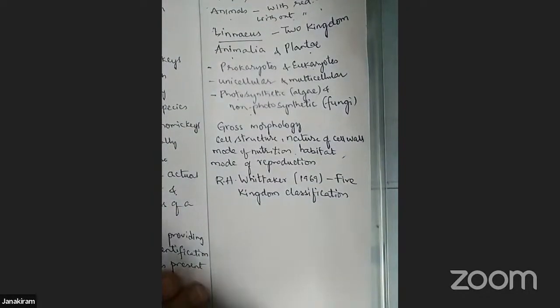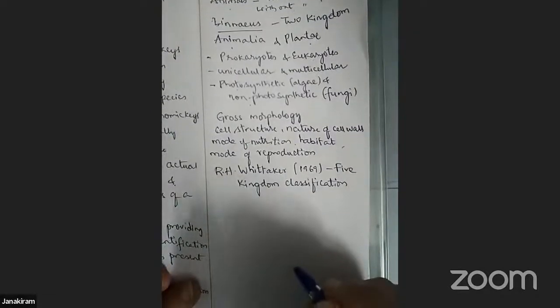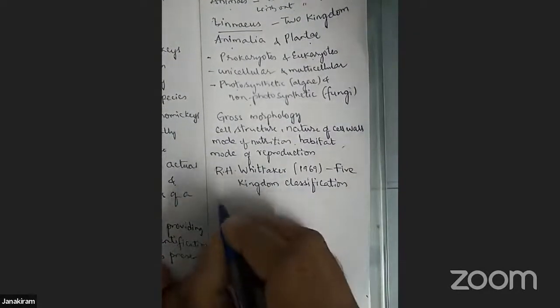What criteria were followed by the scientists for classifying the living organisms into five kingdoms?